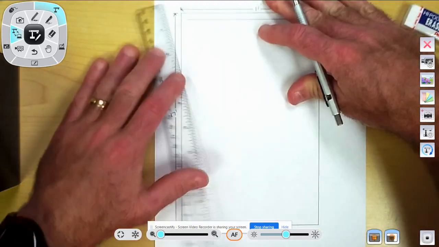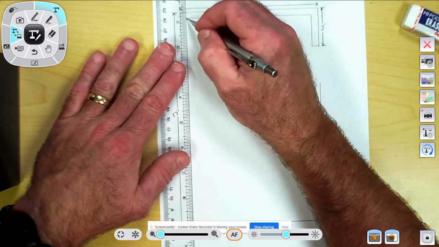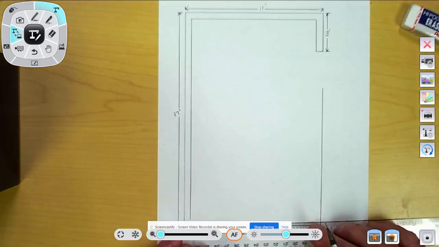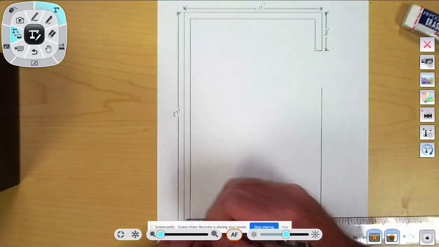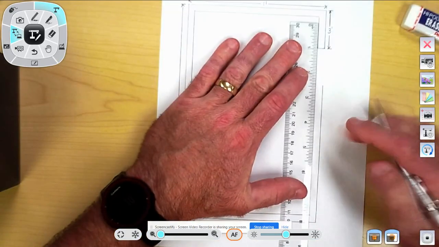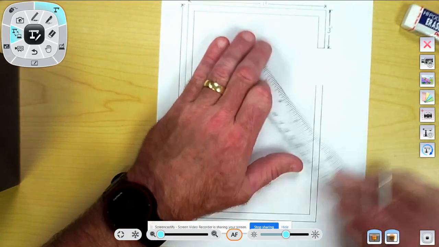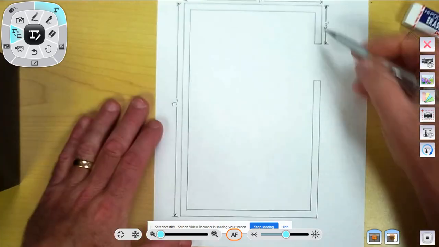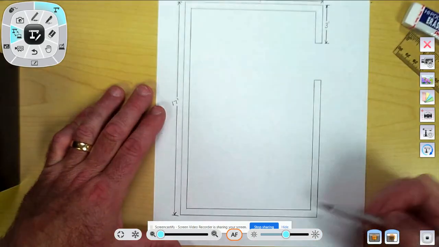So 1/4 of an inch all the way around is going to give us our interior wall thickness. Okay. And almost done. And then let's finish off the wall. So now I've got a nice exterior wall, which is the outside. We've got a nice interior wall, which is the inside.